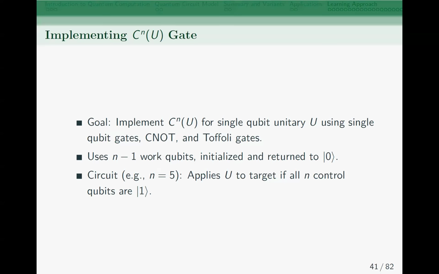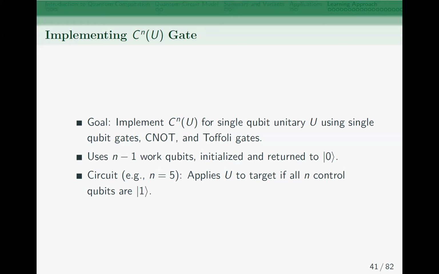Let's say we only hope to implement arbitrary controlled-U, and let's consider U to be a single-qubit unitary. Remember that we proved the case n equals 2, which took some time to figure out. But the theorem says that we can do it for arbitrary n using single-qubit gates and C-NOT, and there's an extra so-called Toffoli gate. The Toffoli gate flips the third qubit if the first two qubits are 1.